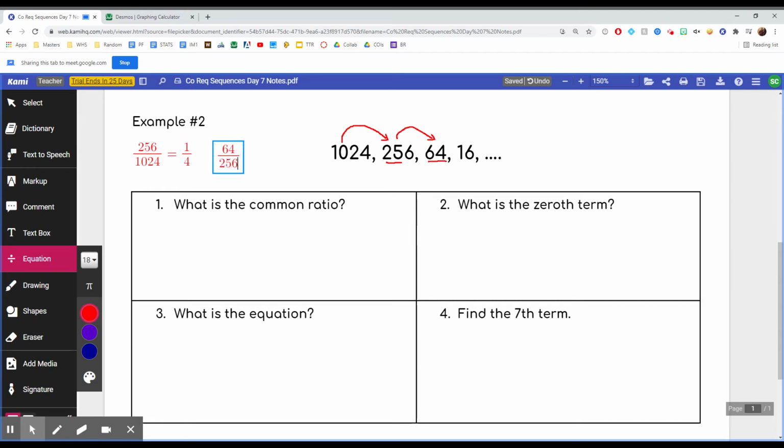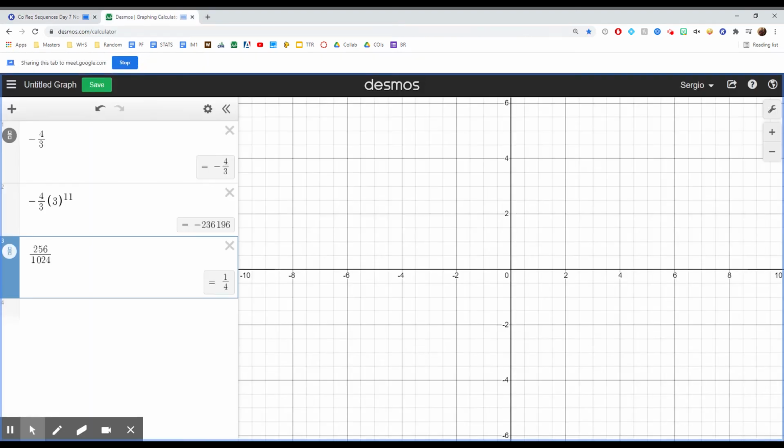64 divided by 256, that gives me, again, we can go to decimals, say 64 divided by 256 gives me 0.25, which, if you remember, it's the same thing. But let's make sure of that. 1/4.